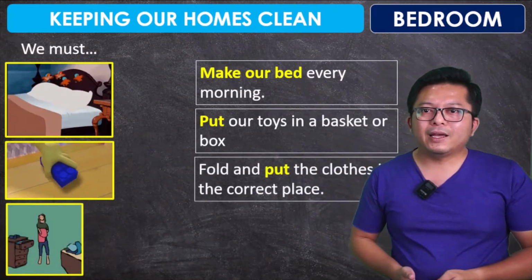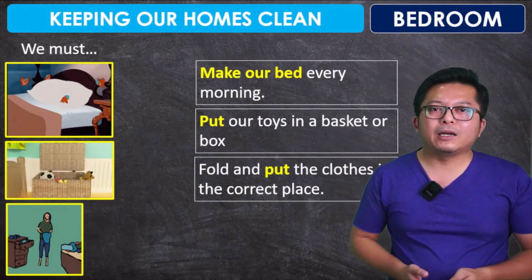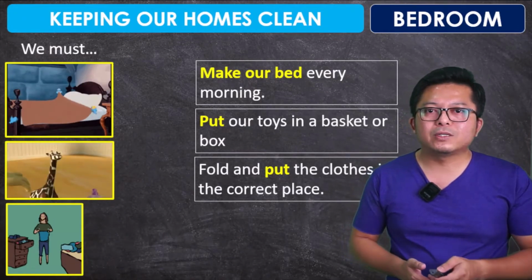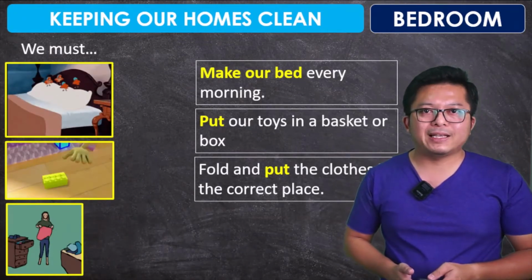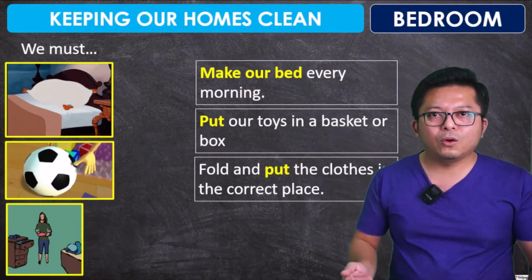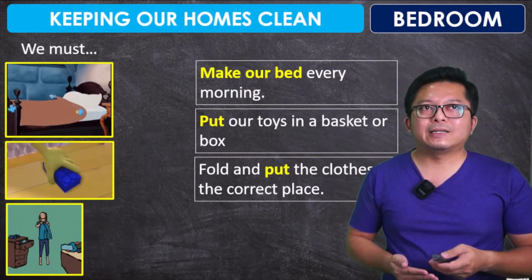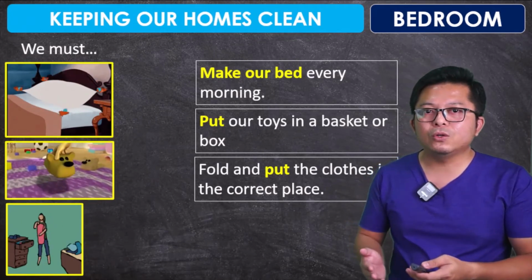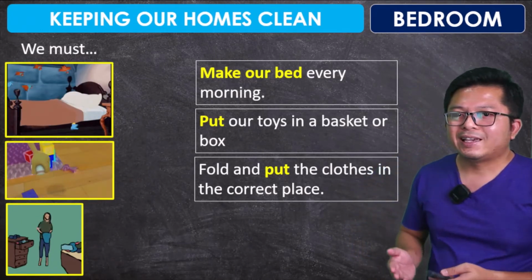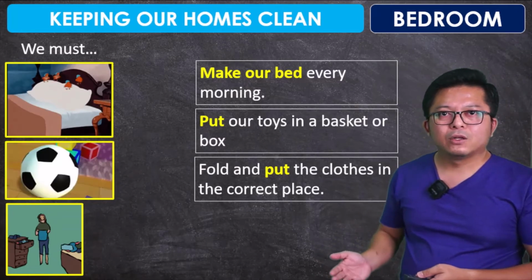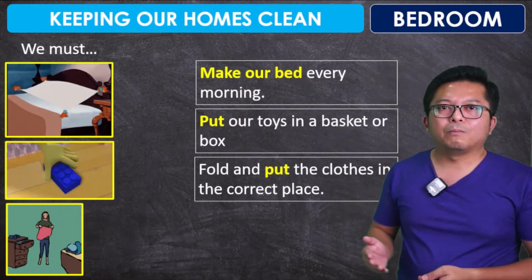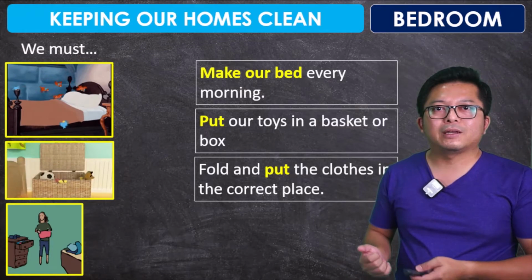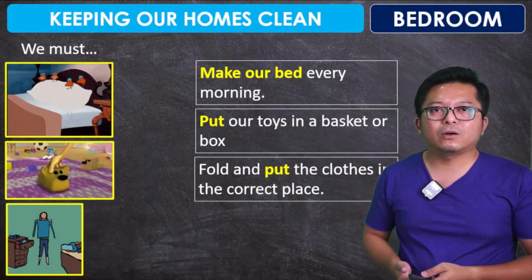Okay? And then next fold and put your clothes in the correct place. You fold your clothes. If it's dirty that you have used, you put your clothes in a basket, of course. So later on, your mother can bring it down and wash your clothes.